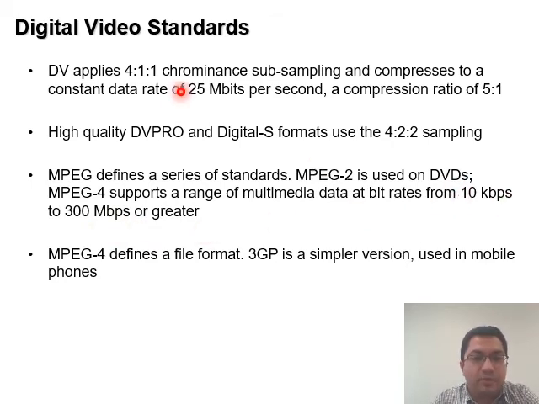What these numbers represent is that every second of video here would be represented with 25 megabits, while here every second of video is represented with 10 kilobits and up to 300 megabits per second. MPEG 4 defines a file format. There is also 3GP, which is a simpler version that's used in mobile phones.